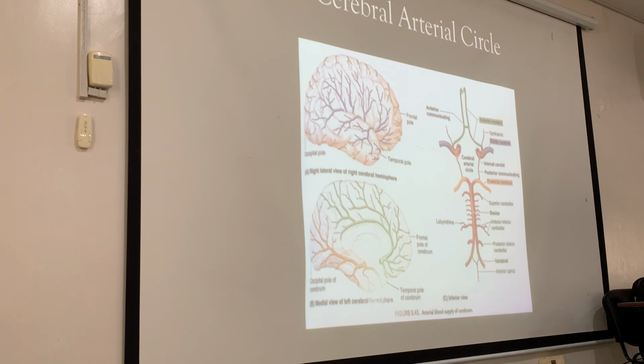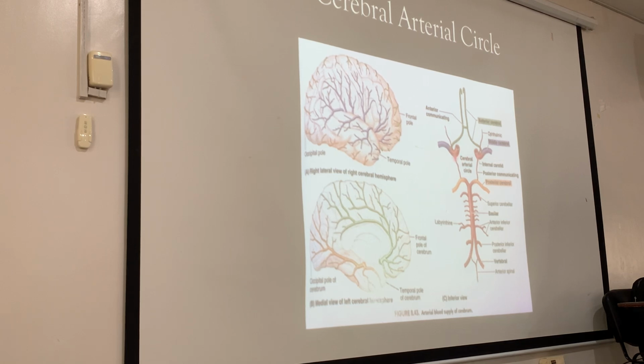So the internal carotid artery has a branch called the anterior cerebral. So it anastomoses with the anterior cerebral of the other side to form the anterior portion of the circle of Willis.